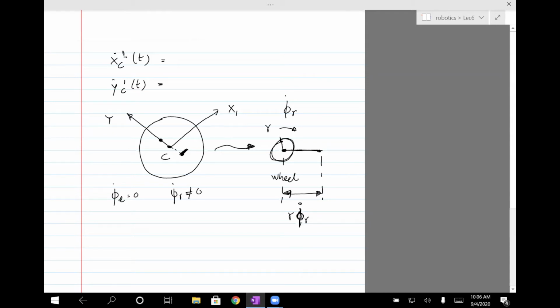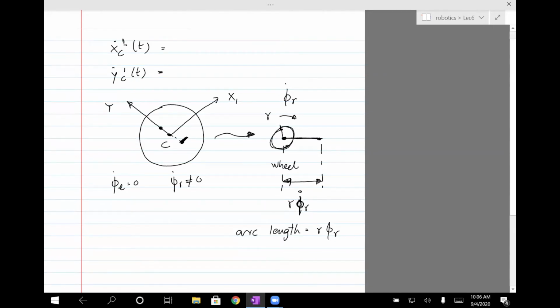Why is that so? It's because the arc length for a phi rotation of the circle would be r times phi r, and that's going to be the distance moved in front. If you then take the rate of change of that arc length, you get essentially the speed.